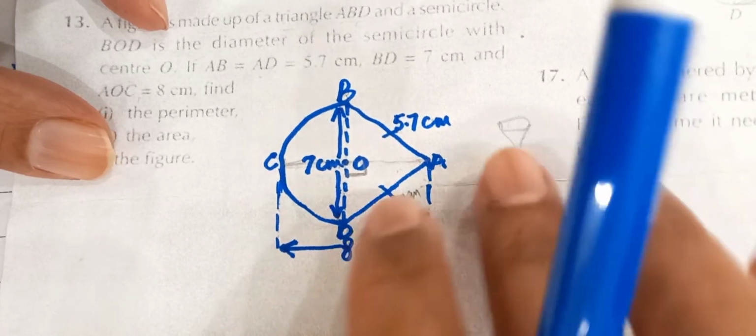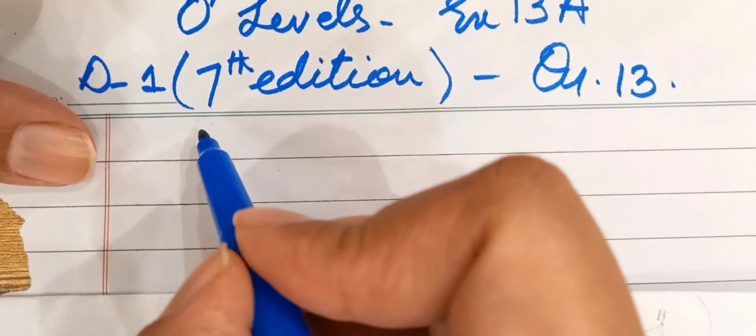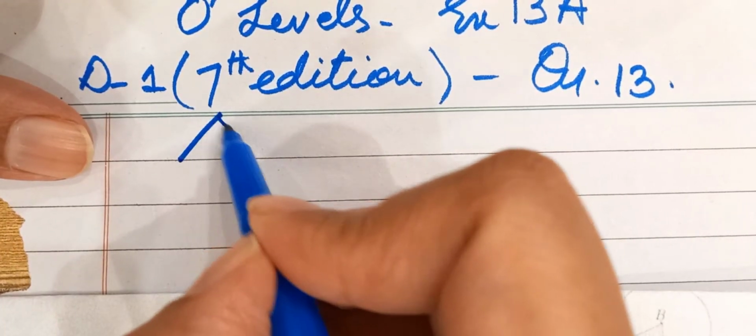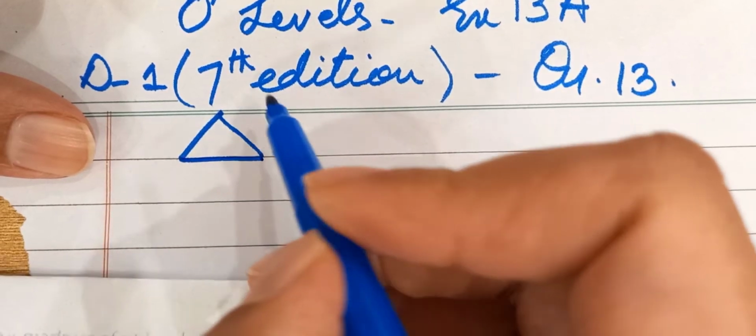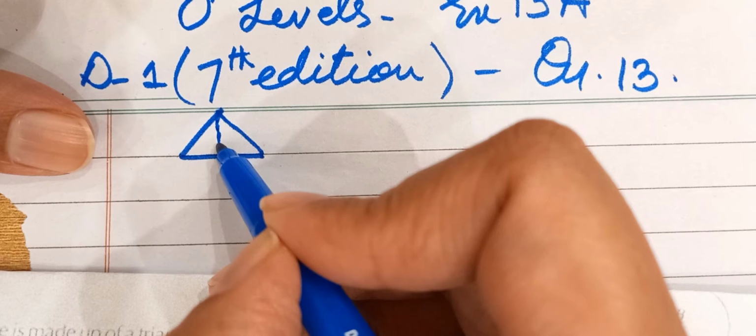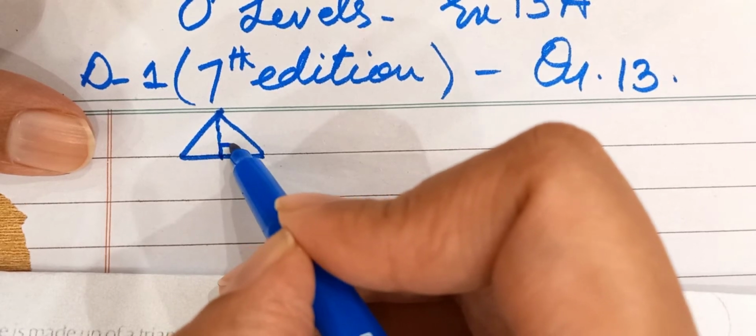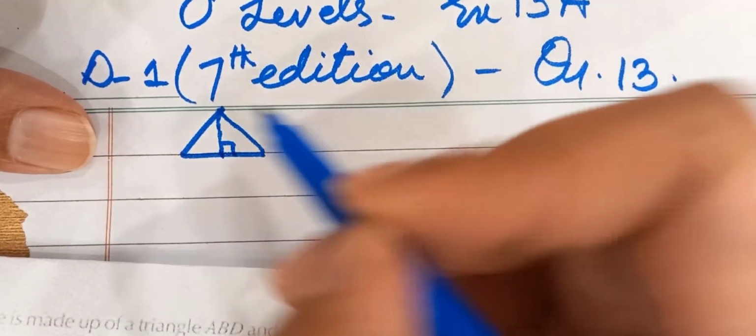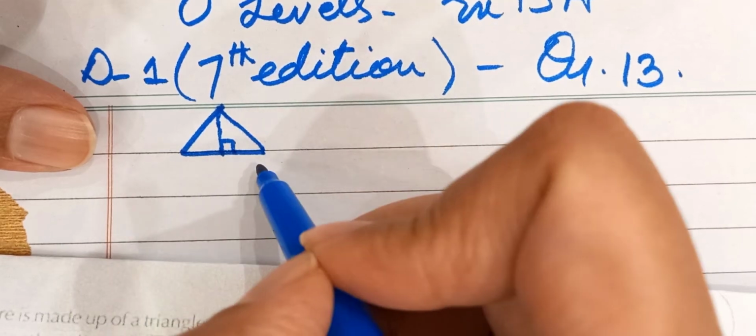I have already told you previously that in a triangle, the height starts from the apex of the triangle and ends at the base, where it makes an angle of 90 degree with the base.